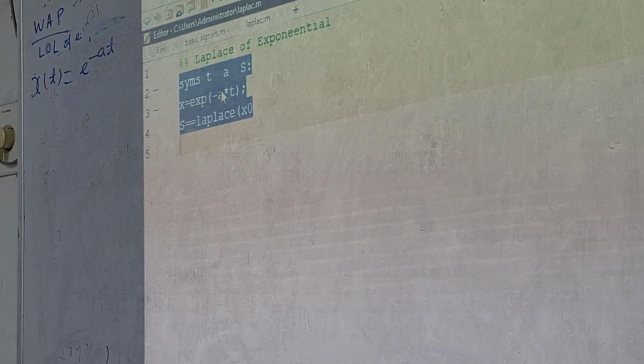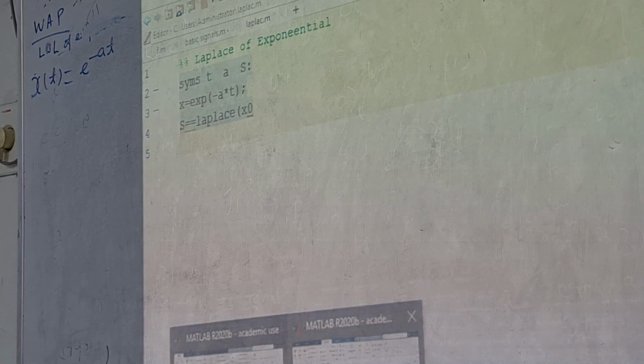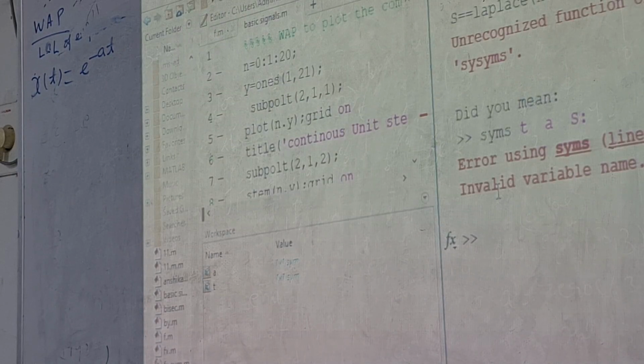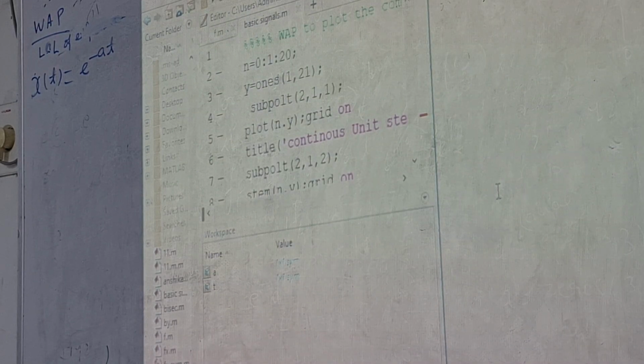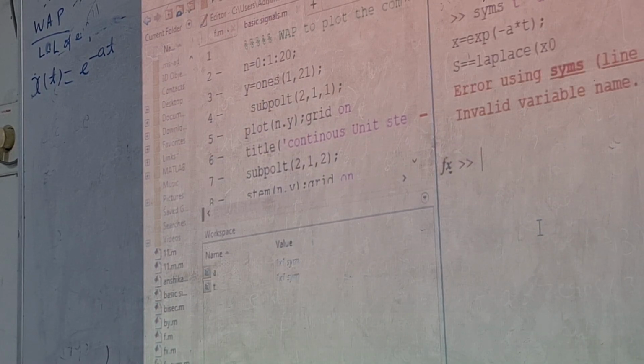Then this can be written directly on the command window. Write clc to clear the window, and close all the codes. Write the commands close all and clear all. These are the basic commands. Then write the code of the Laplace transform.